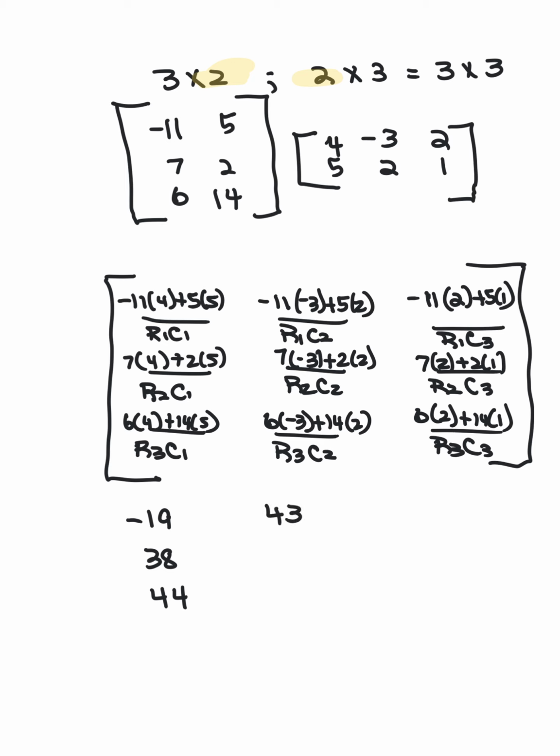Negative 21 plus 4 is negative 17. Negative 18 plus 28 is 10. Negative 22 plus 5 is negative 17. 14 plus 2, 16, and 12 plus 14 is 26. And again, we can check this on Desmos matrix.